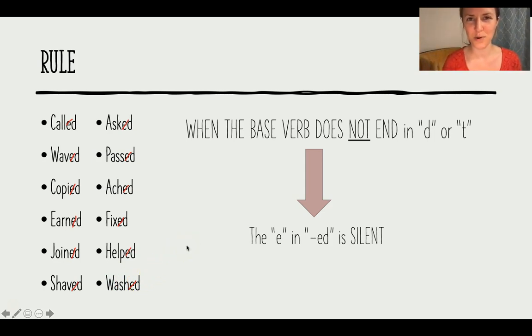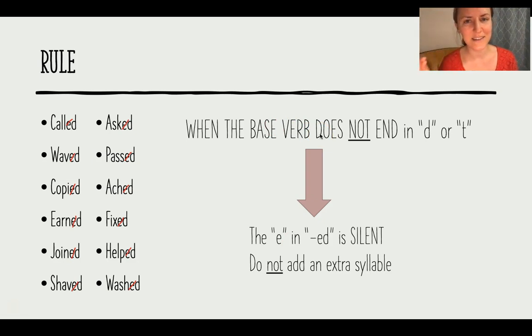That's the most important rule for you for regular past tense pronunciation. Do not add an extra syllable in the past tense unless the base verb ends with a D, like needed, or T, like accepted.